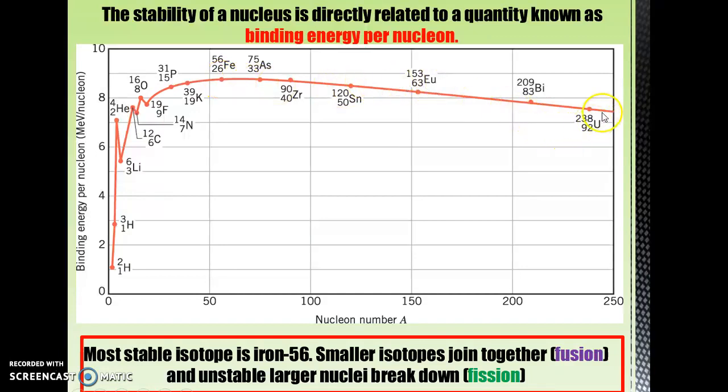And everything on the right, which is unstable, all these isotopes on this side, will break down. This process is called fission. And when they break apart, they become smaller nuclides, possibly getting closer to being an ideal isotope of iron 56.